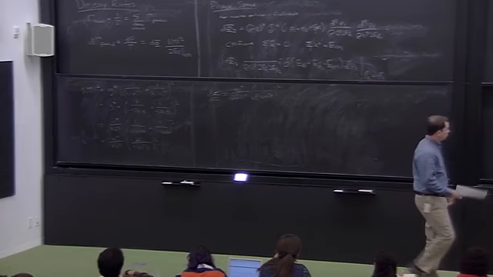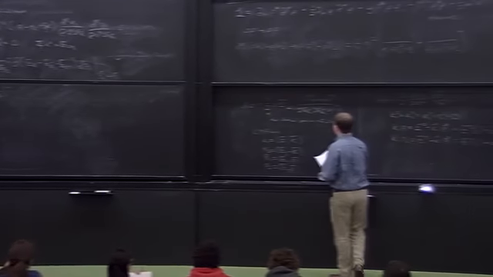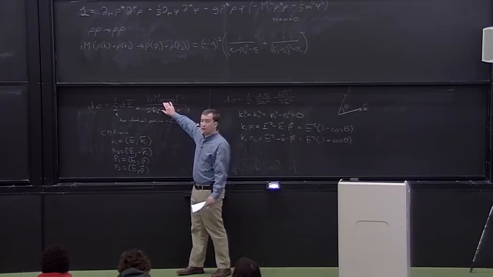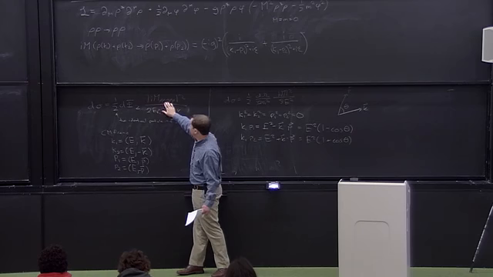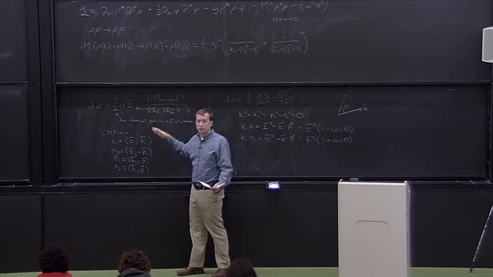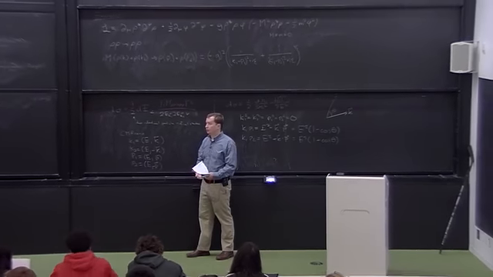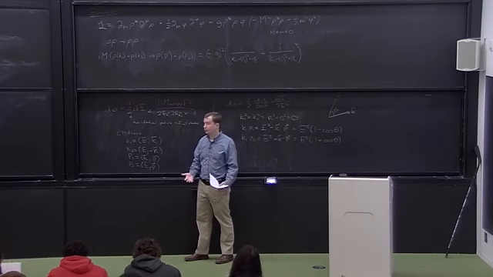So where we're going tomorrow is we're going to take the next step on our journey in learning how to compute these cross-sections. We will relate these matrix elements and scattering amplitudes to time-ordered products of fields.